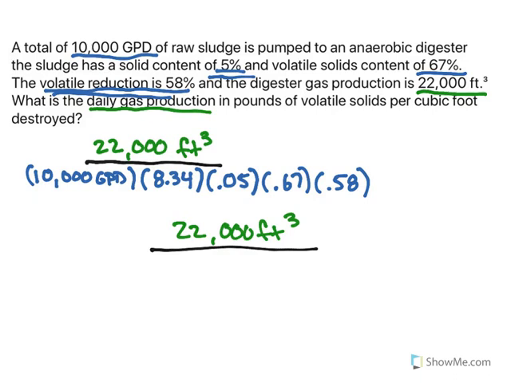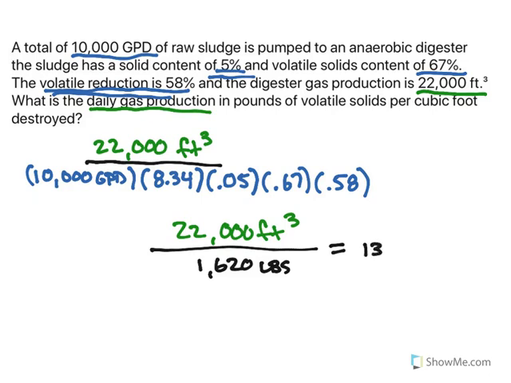By the time I'm done multiplying that all together, I have 1,620 pounds that were destroyed. And then my ultimate answer is going to be a division problem, dividing 22,000 cubic feet of digester gas by 1,620 pounds of volatile matter destroyed.